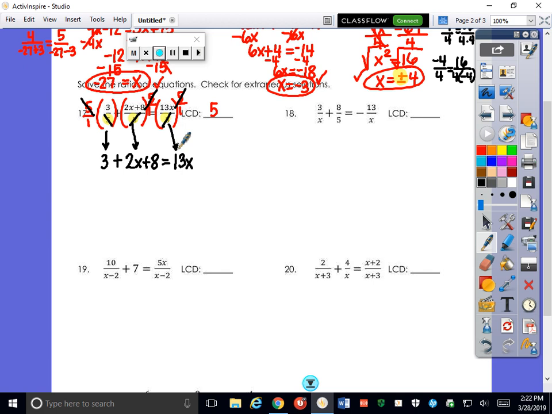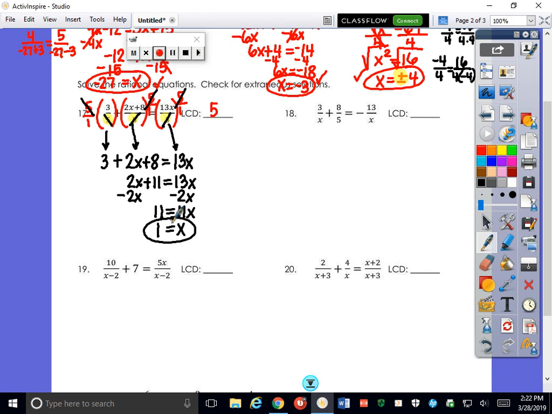We have no more fractions. We went from 3 fractions, which was ugly, to no fractions, and it's an equation that we can actually solve. So combine like terms. I'm going to move the 2 to the other side. And I'll get that x is equal to 1.